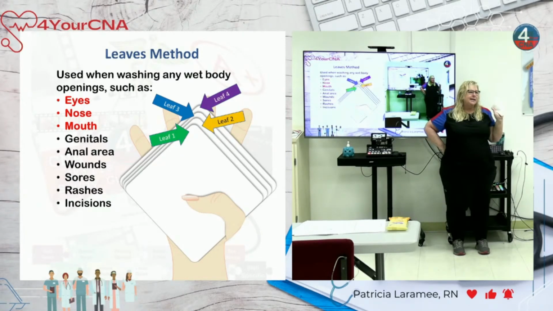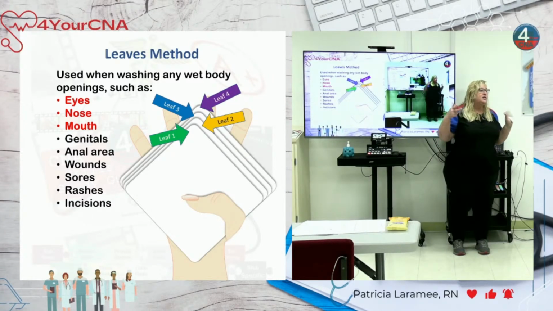And we use this anytime we're washing a wet body opening. So a wet body opening would be eyes, nose, mouth, genitals, rectal area, rashes, wounds, sores, or incisions, any skin that isn't intact. And the reason is it helps prevent cross-contamination. We can wipe something with this leaf and then fold it over, and that traps the contamination underneath.